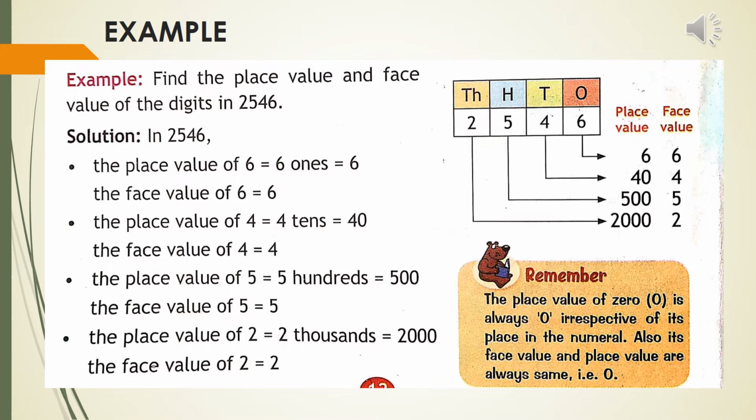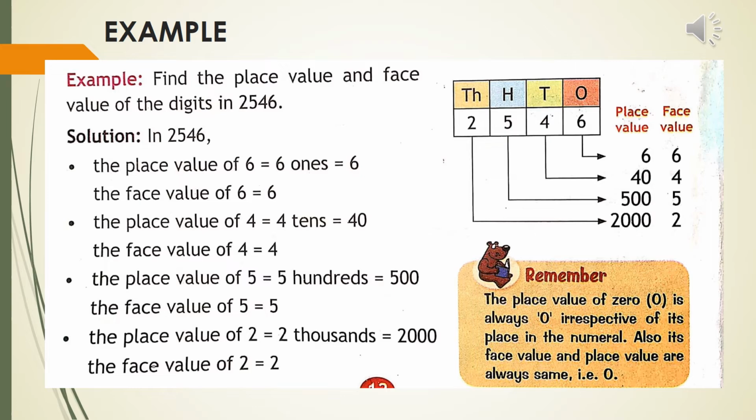But the place value of 4 is 40. Its face value is 4. Similarly, the face value of 5 is 5, but its place value is 500. And the face value of 2 is 2. Its place value is 2000.